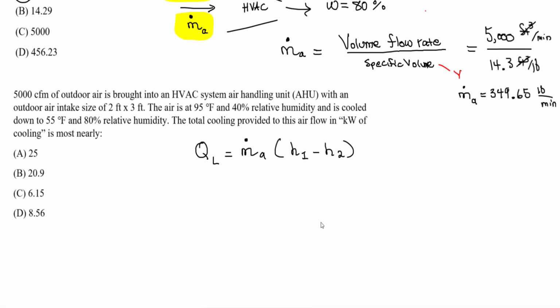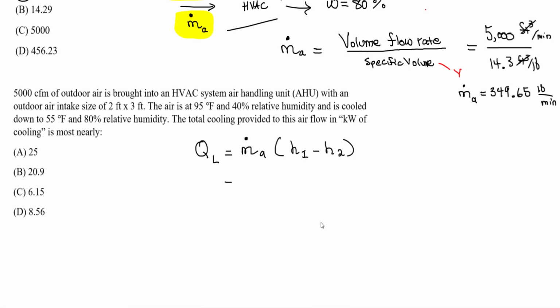We go back. So it's going to be the mass flow rate, which is what we determined here, 349.65 pound per minute, times our H1, which was around 38.8 BTU per pound, minus our H2, which is 21.3 BTU per pound.